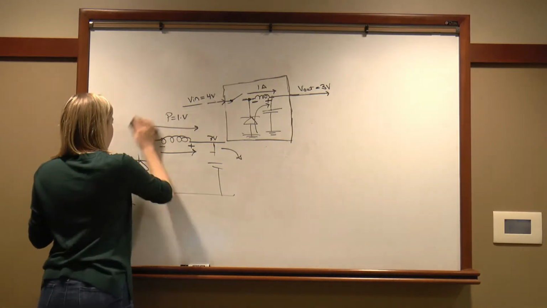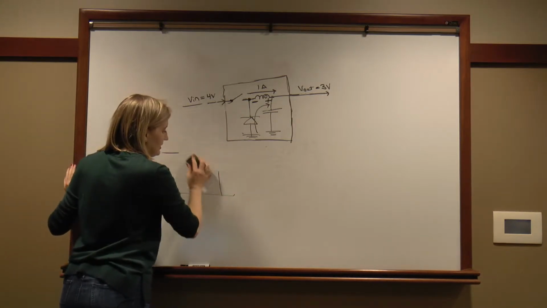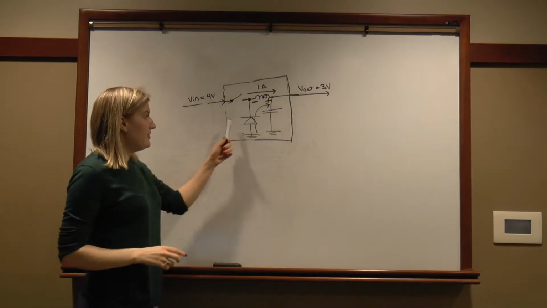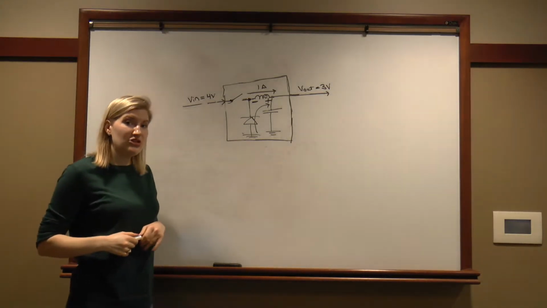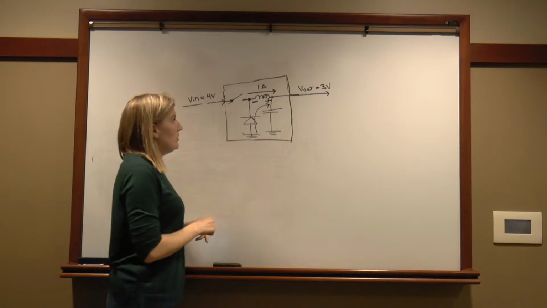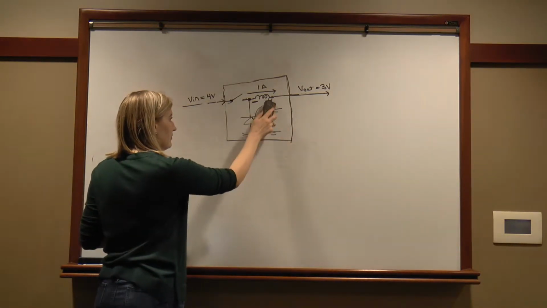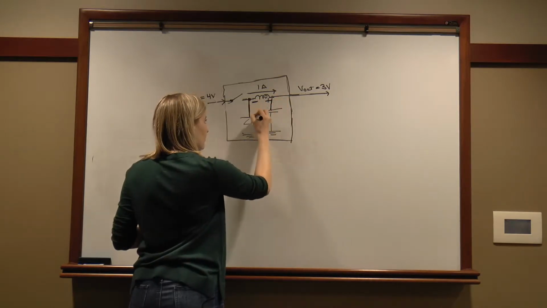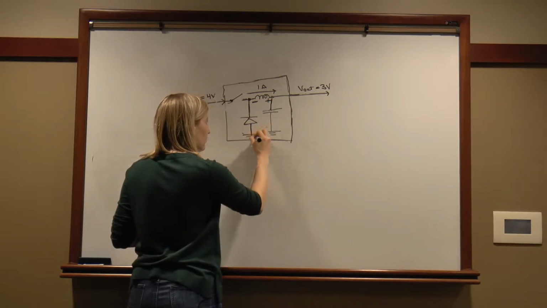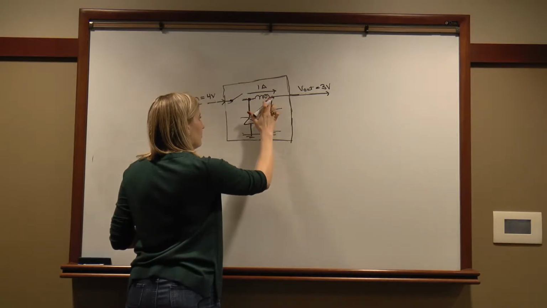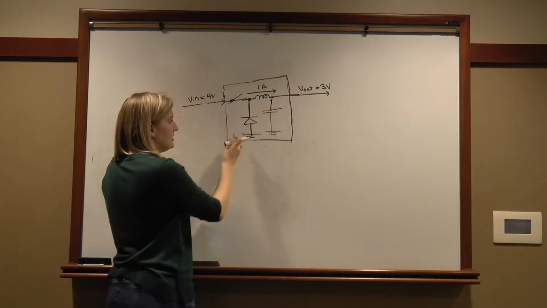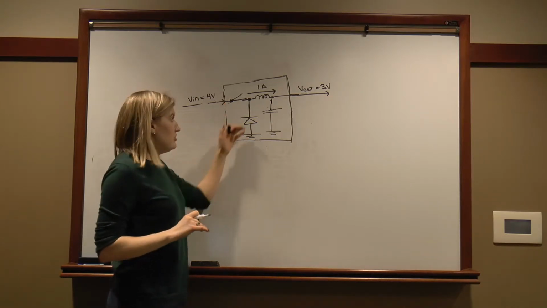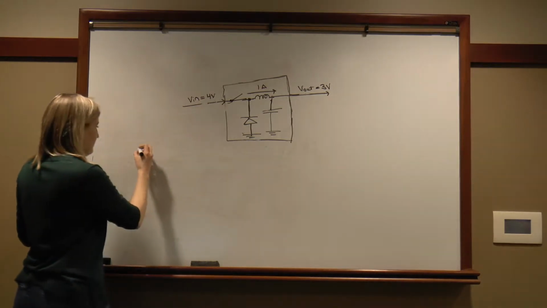So we're going to analyze this by first thinking about what this circuit looks like when the switch is closed. So when the switch is closed, this diode is reverse biased, so it just looks like an open circuit, and we have something that looks like this.